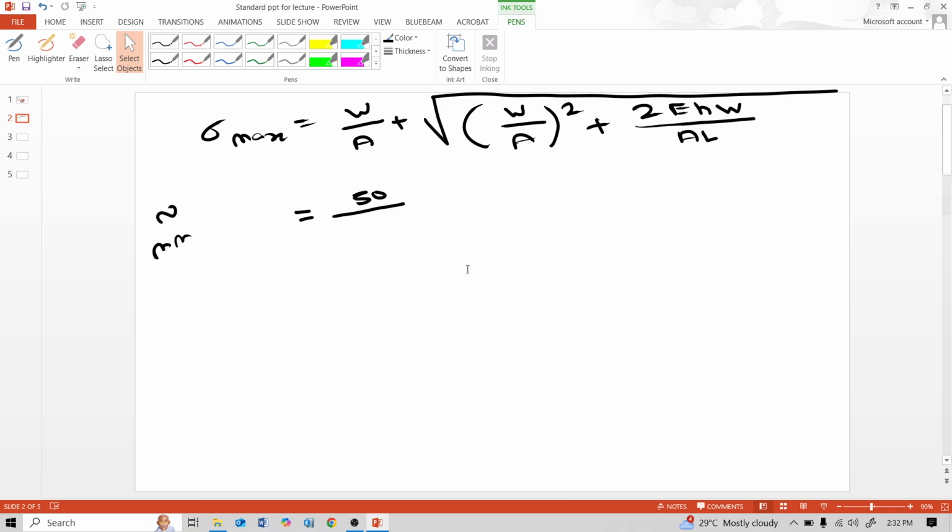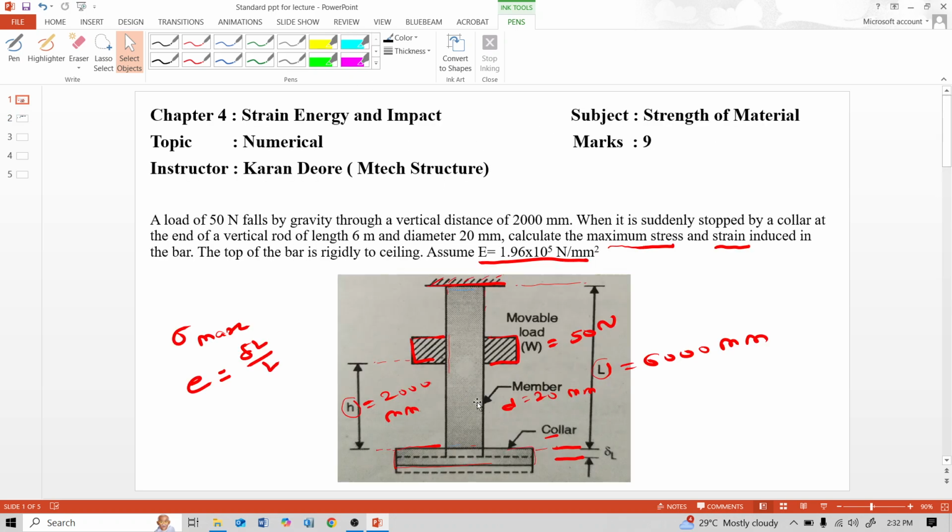Area is the area of that vertical member. They have given us diameter, so area is, we know that this is circular, and circular area is pi by 4 into d square. Pi by 4 into 20 square is 314.16 mm square. This is the area.